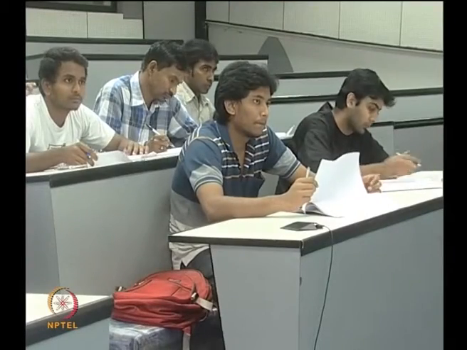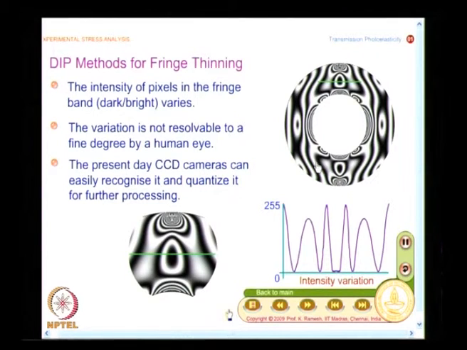Now, what we are going to look at is a very simple digital photoelastic technique, where we mimic what we have been doing manually earlier. We will identify the fringe skeleton, that is what we are going to look at. I have taken the problem of a ring under diametric compression.